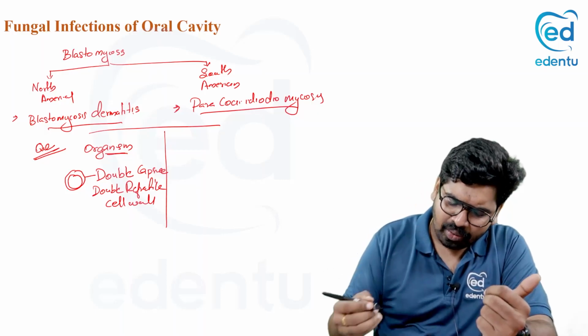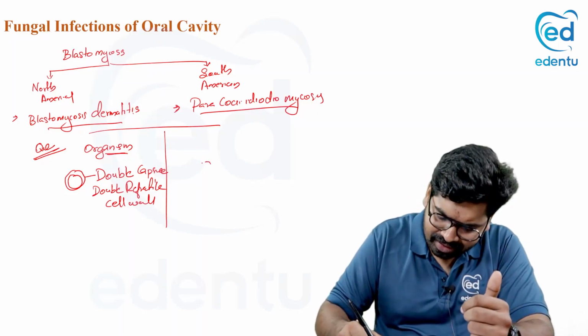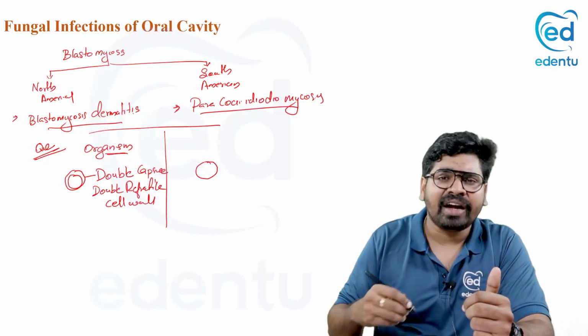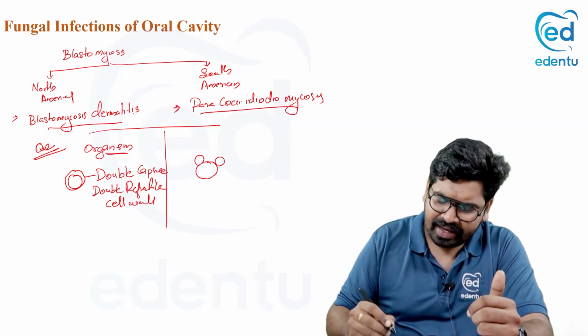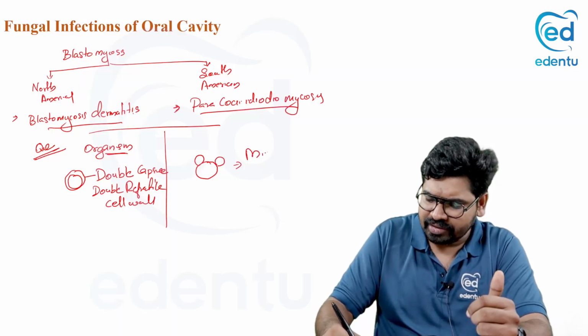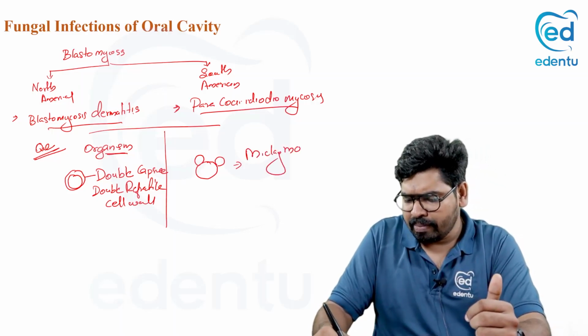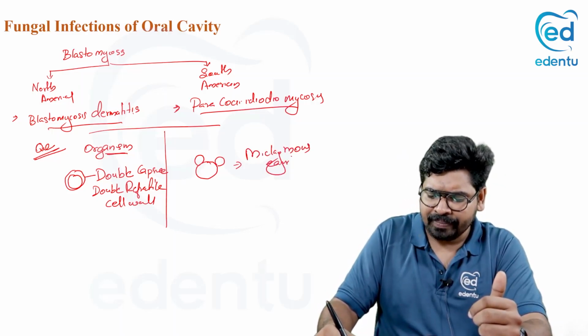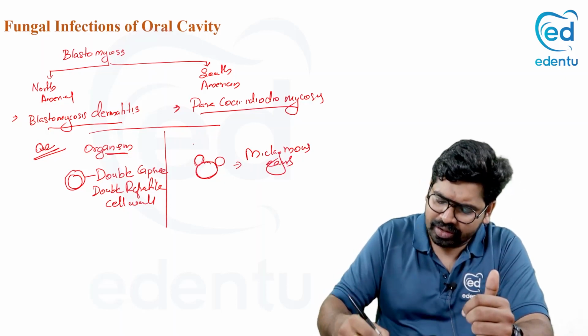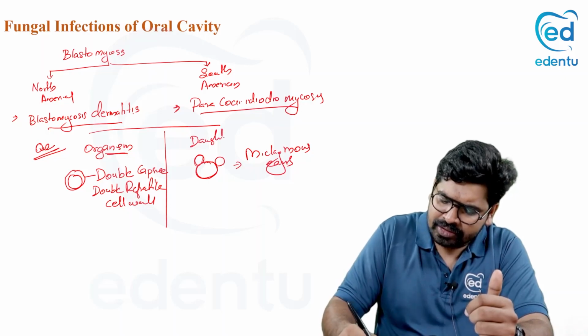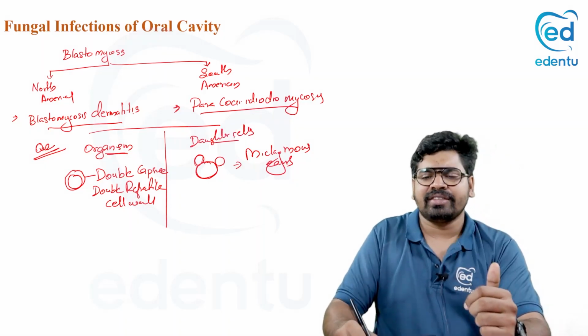While in South American blastomycosis, there is budding of the fungus in a fashion like Mickey Mouse ears, meaning the daughter cells are attached to the parent cell.